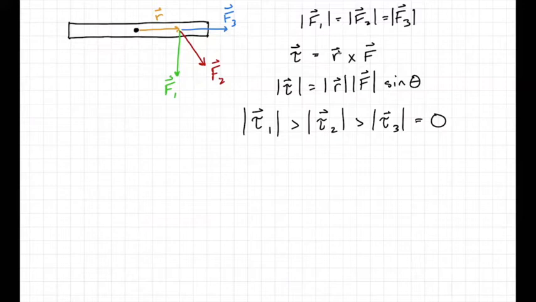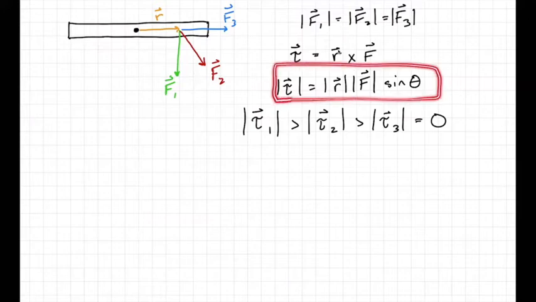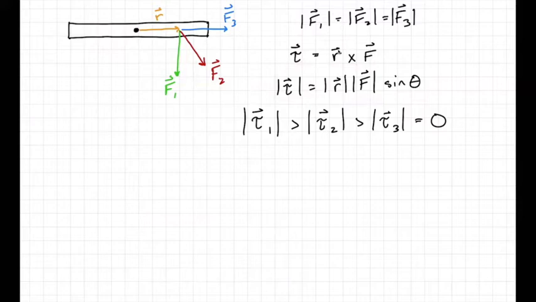So another way to think about what this expression is saying is that if I imagined a triangle, so if I have an R vector here, let's say, and then I have an F vector here.